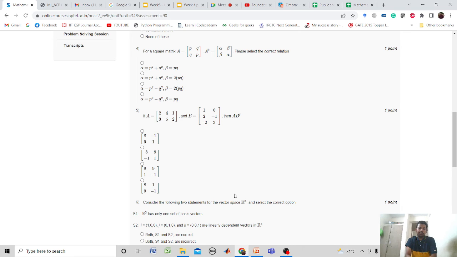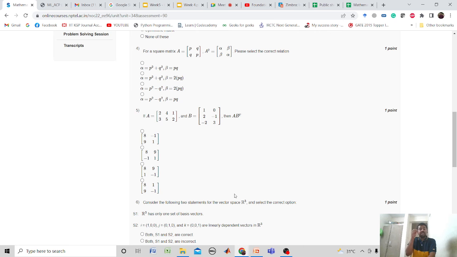What the next problem is: we have A, which is a matrix of 2 cross 3, and B, which is a matrix of 3 cross 2. We have to find A into B transpose.